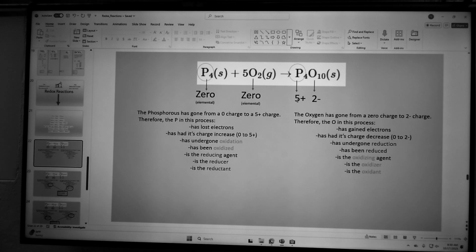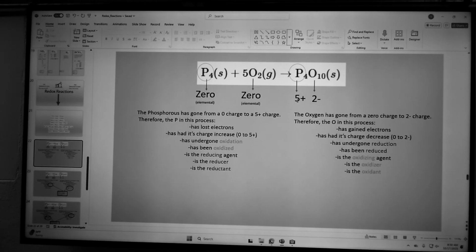There's a little bit of confusion though over these words. Phosphorus did undergo oxidation. It lost electrons. But something that's able to lose electrons can cause reduction in something else.